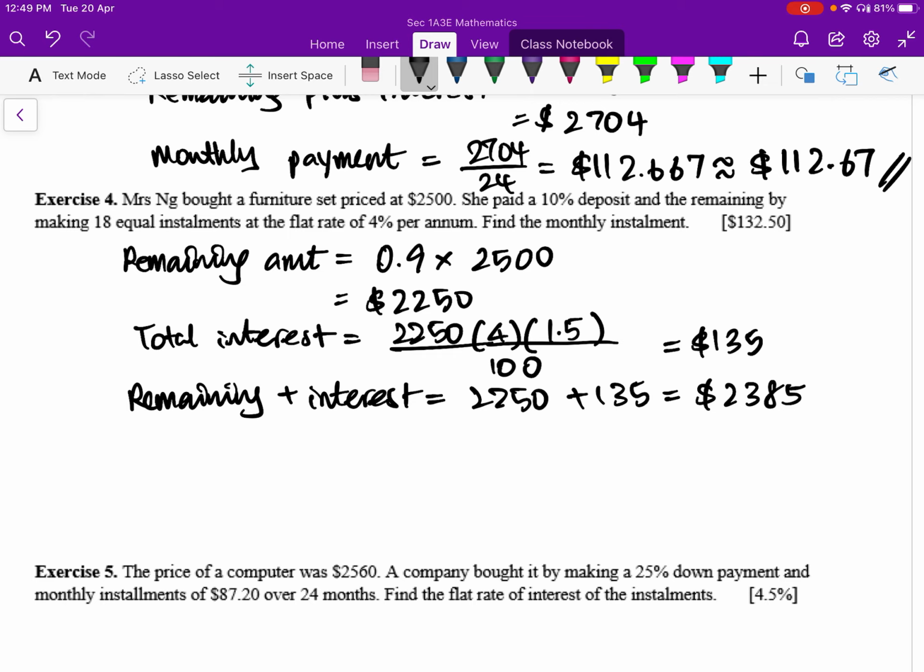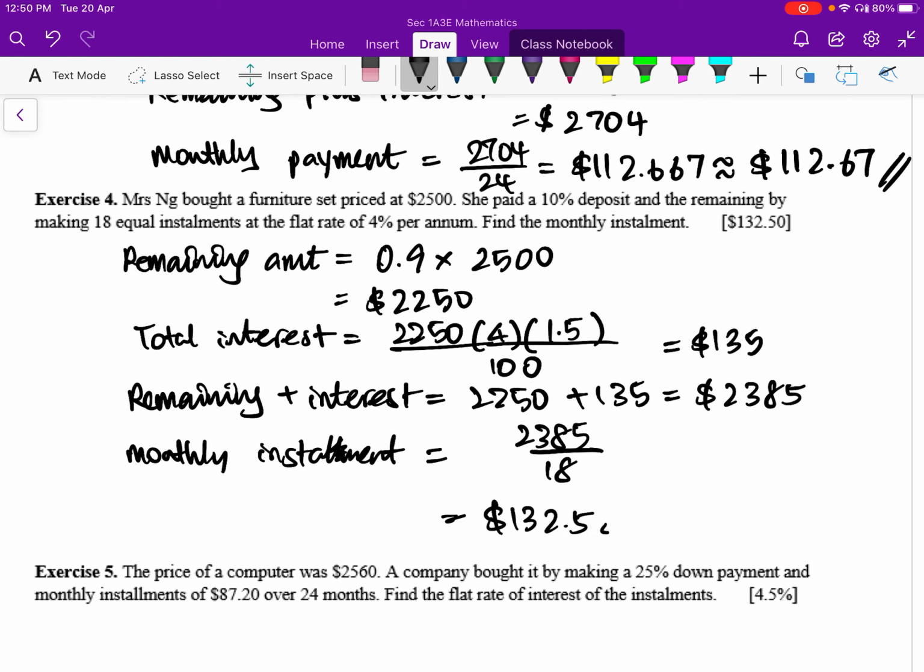So this is the amount we paid over 18 months. So the monthly installment will be divided by 18. So 2385 over 18. You get 132 and 50 cents.